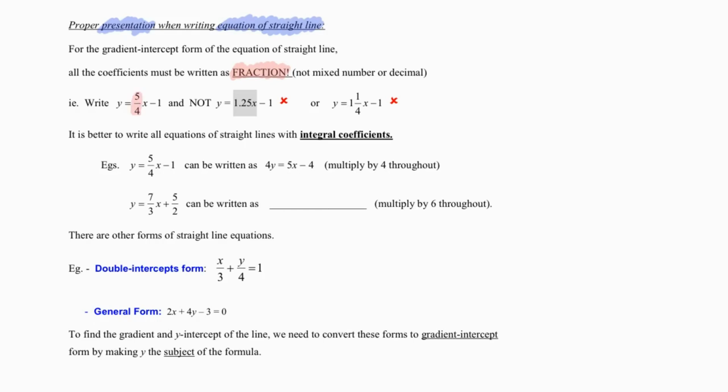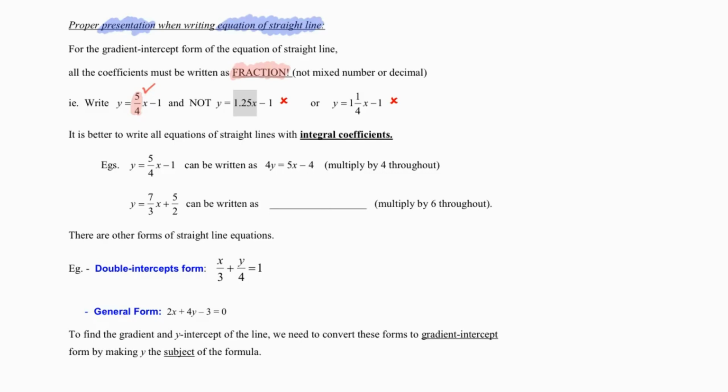This is good. Okay, this is not good. If it is in a decimal, then it's not good. We generally discourage that. So it is better sometimes to write all equations with integral coefficients, meaning the numbers in front of x and y, the variables, are whole numbers, integers.